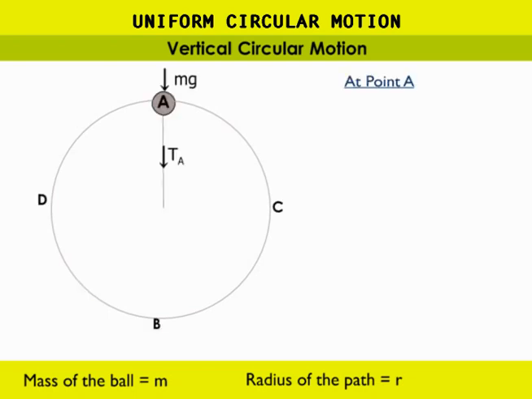When the ball is at point A, the tension Ta and the weight mg provide the centripetal force. Therefore, mv squared over r, the centripetal force, is equal to Ta plus mg. This means that Ta is equal to mv squared over r minus mg.